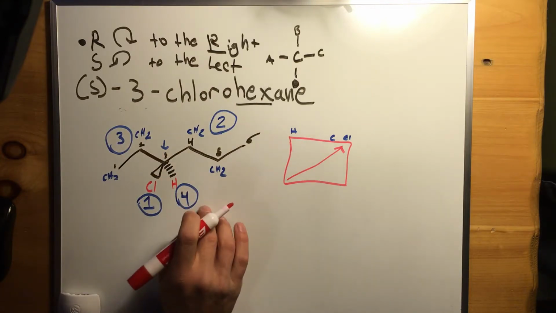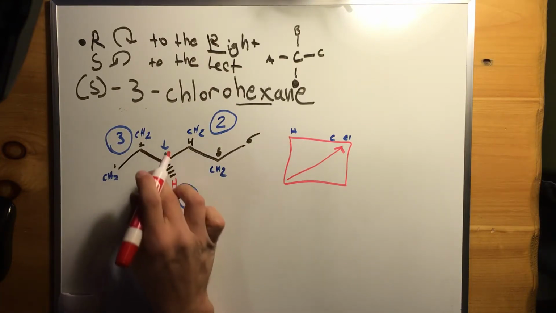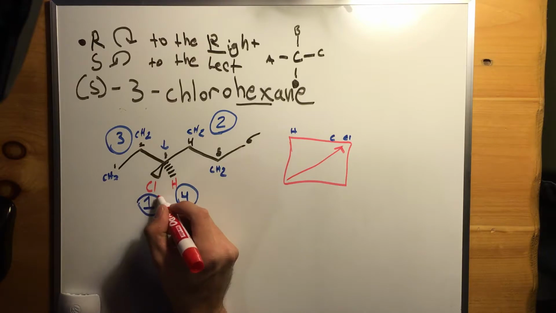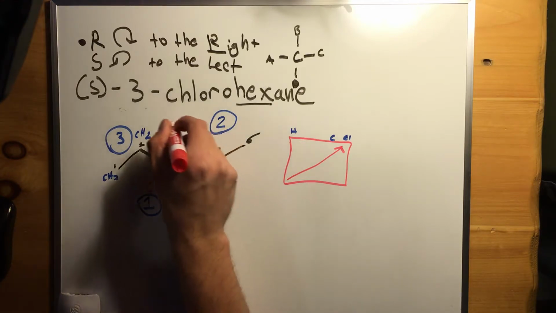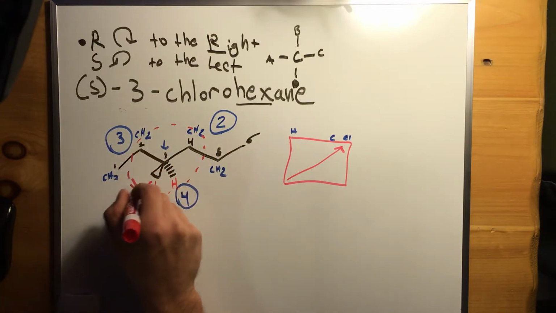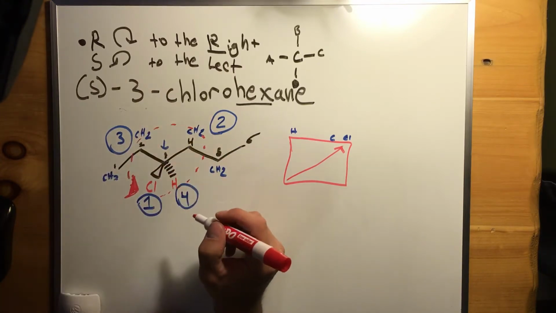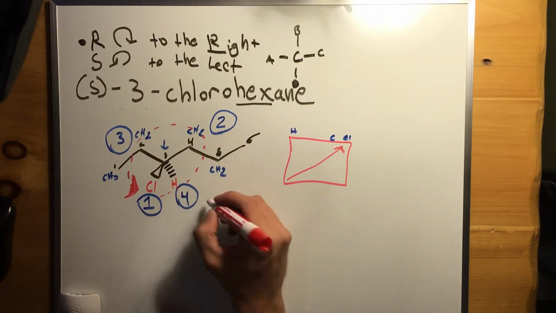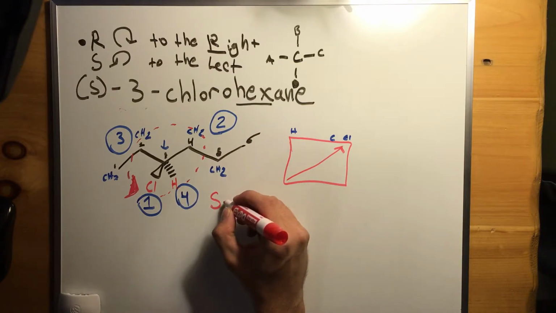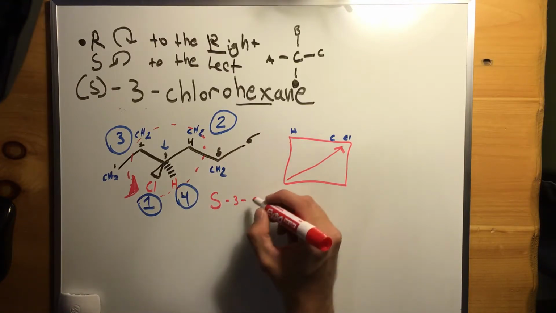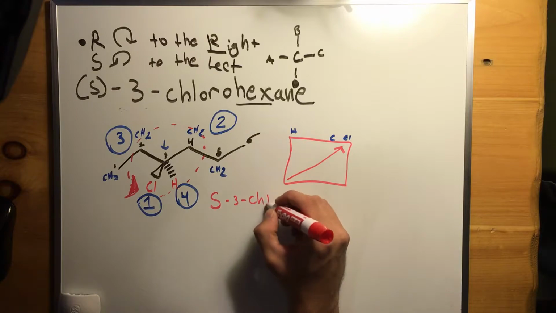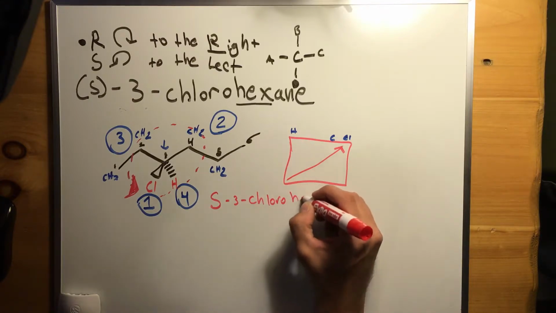So we know that that's back into the page. This one is coming out towards us. So our arrow would be counterclockwise, which would make this S-3-chlorohexane.